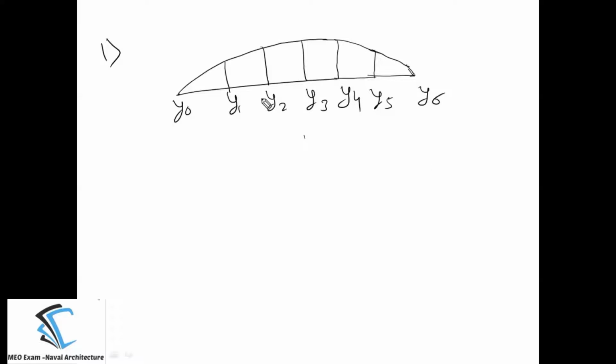For Simpson's first rule, you have to make the area or the region by combining 3 consecutive ordinates. So I will combine now y0, y1, y2. So like this. This is region number 1, A1.